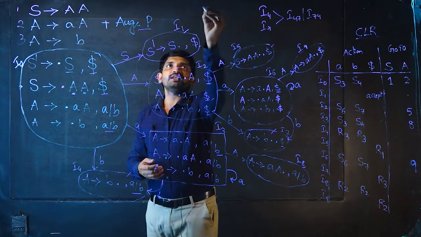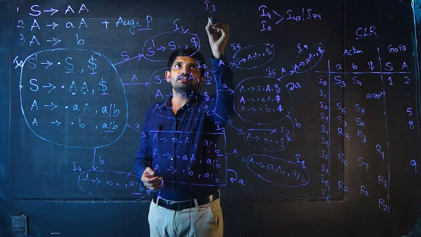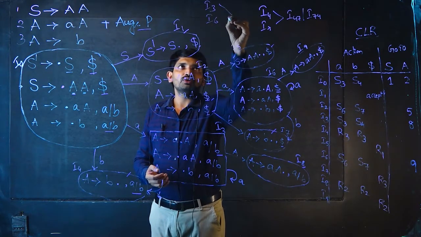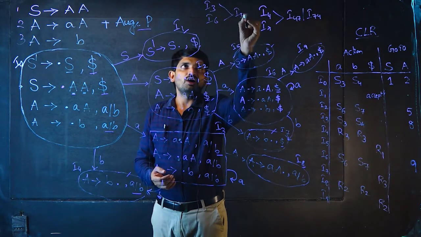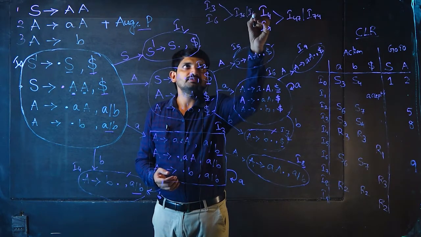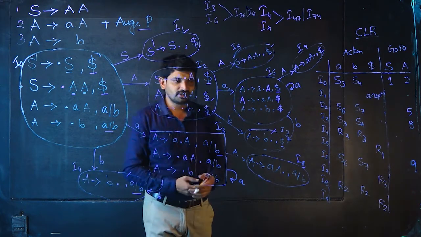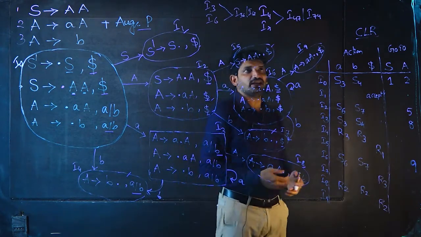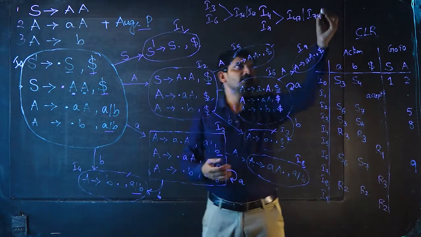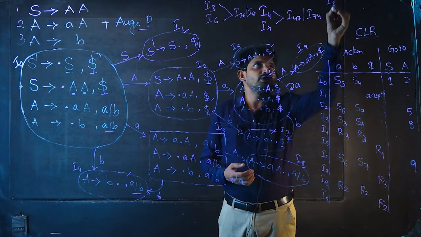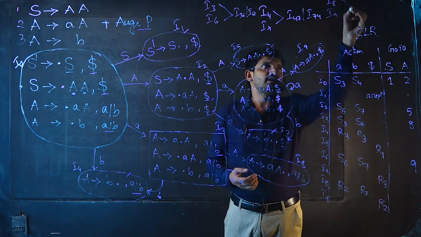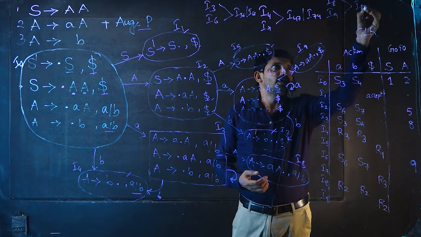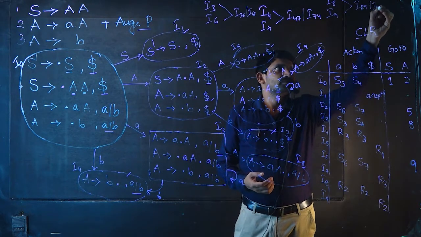So instead of writing I3 and I6, we have to write I36 or I63. The same thing exists in I8 and I9, so instead of writing I8 and I9 separately, we are going to write I89 or I98.